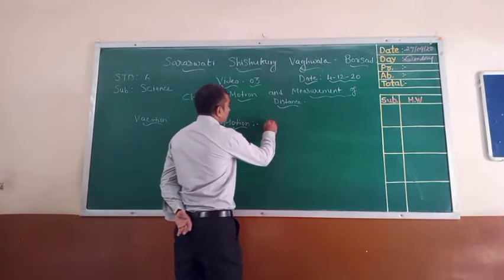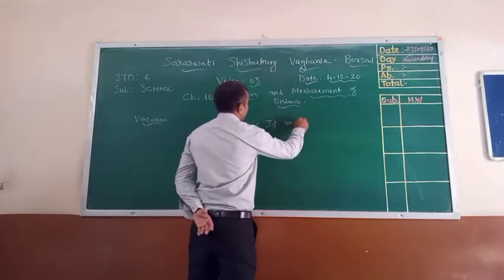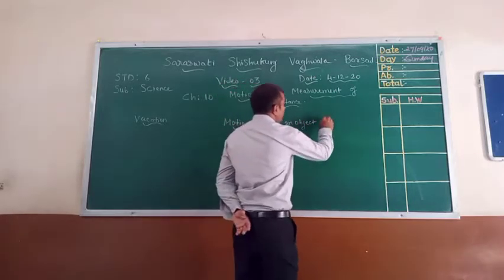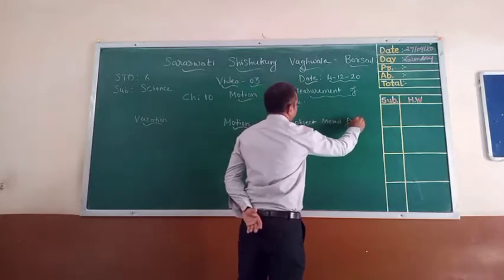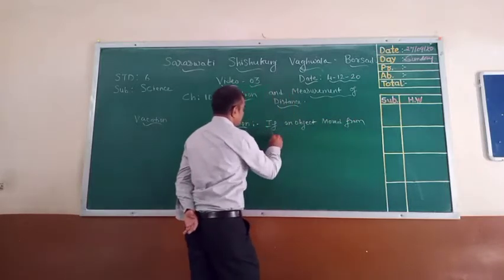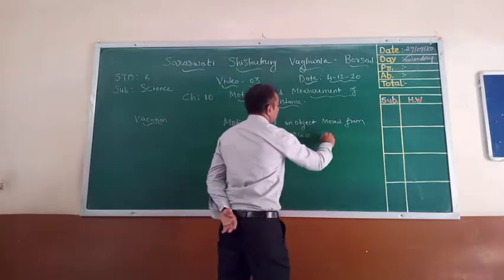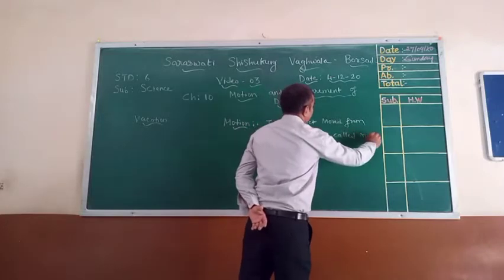If an object moved from its place, it is called motion.